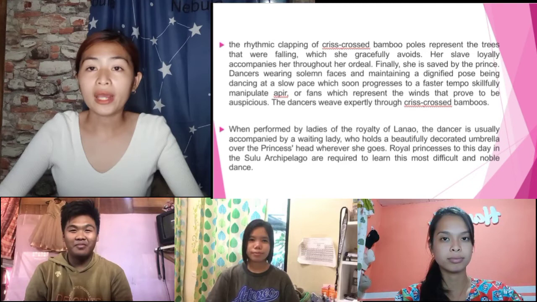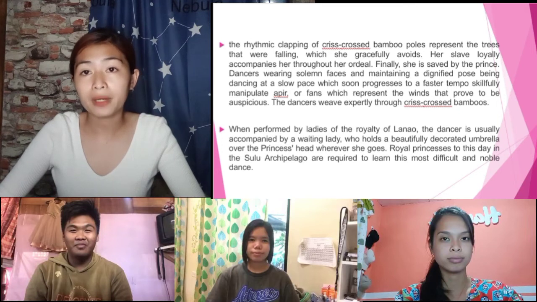When performed by ladies of the royalty of Maranao, the dancer is usually accompanied by a waiting lady who holds a beautifully decorated umbrella over the princess' head wherever she goes. Royal princesses to this day in the Sulu archipelago are required to learn this most difficult and noble dance.